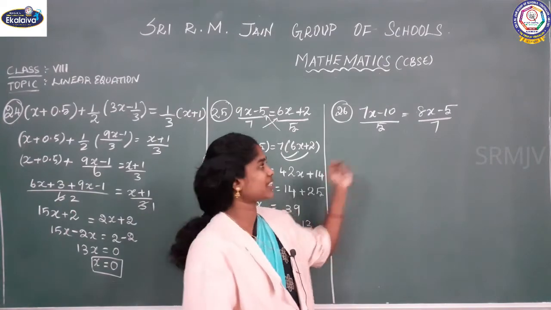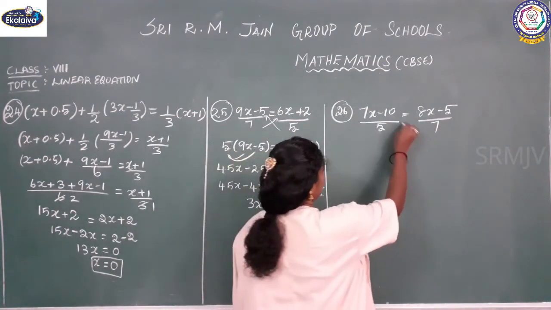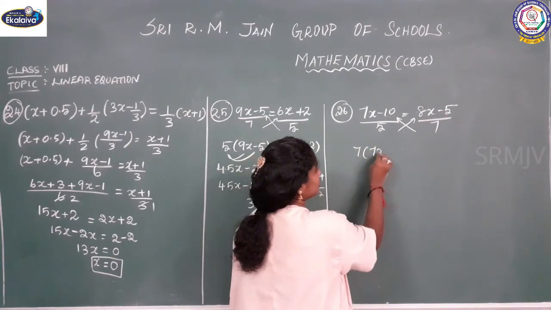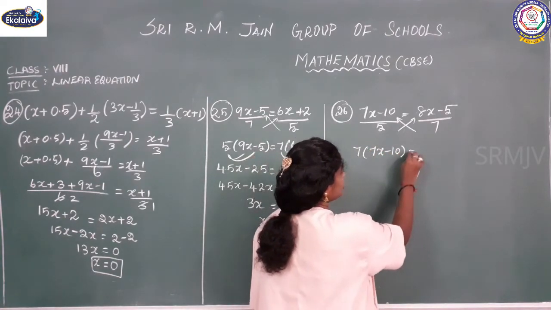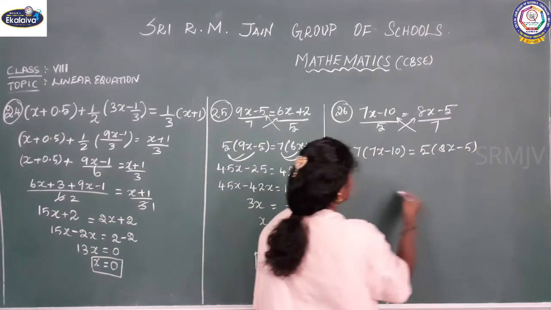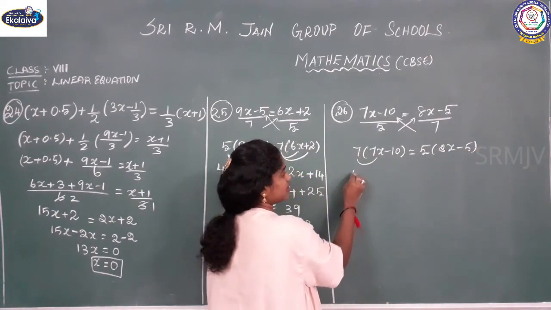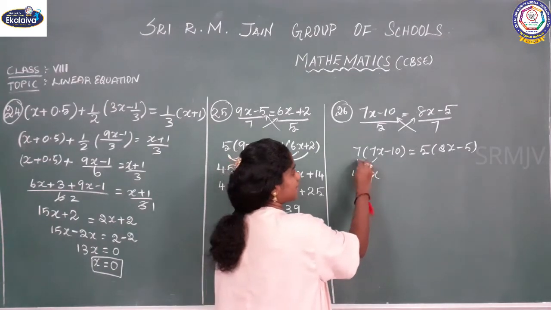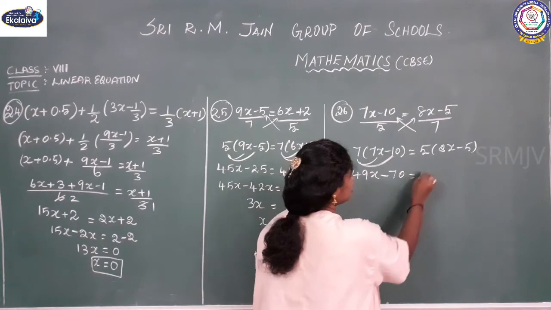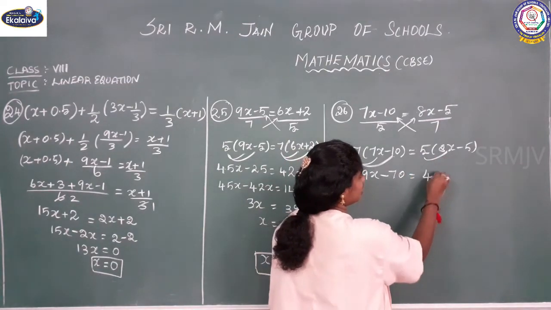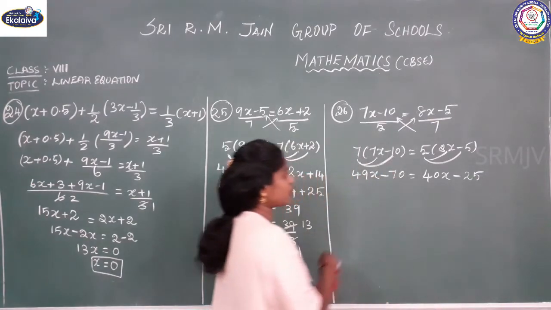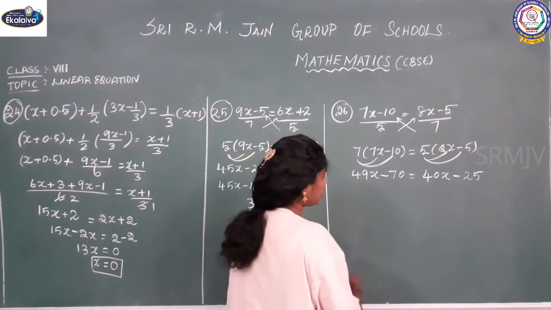Now let us see the 26th sum. Again I am going to cross multiply. So I will get 7 into 7x minus 10 is equal to 5 into 8x minus 5. So 7 into 7x, 49x, minus 10 into 7, minus 70. 5 8s are 40x and minus 25. I am going to bring all the x one side and numbers one side.